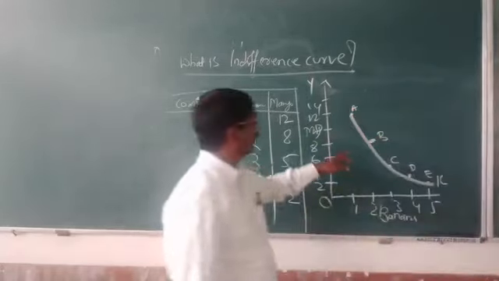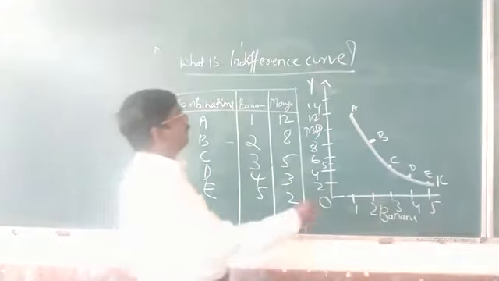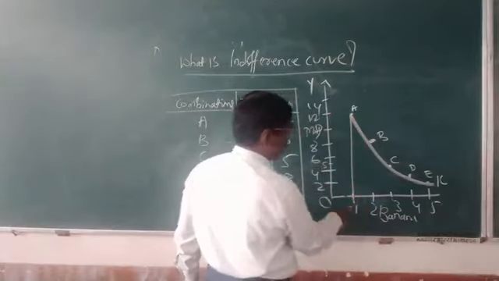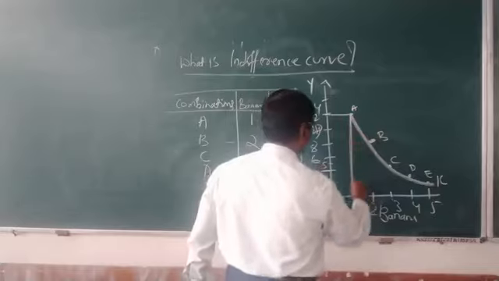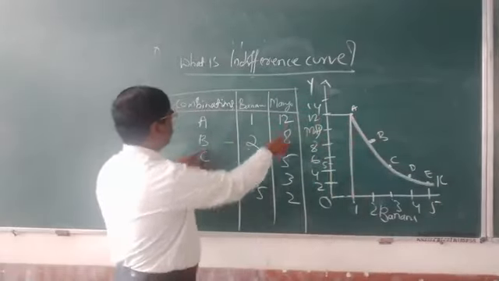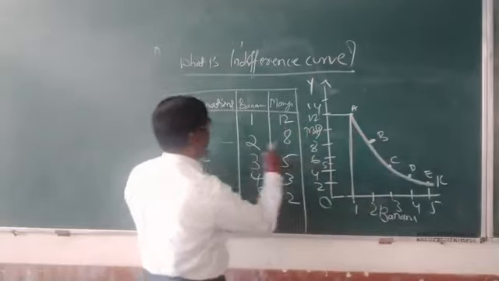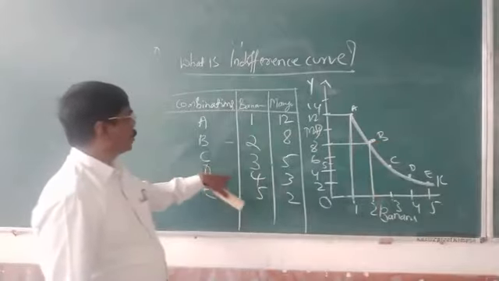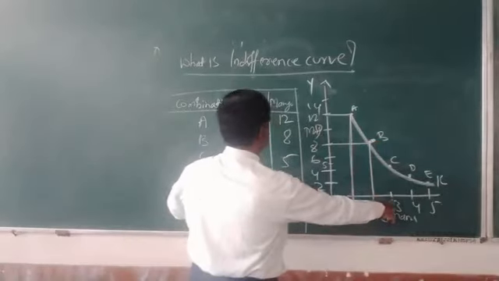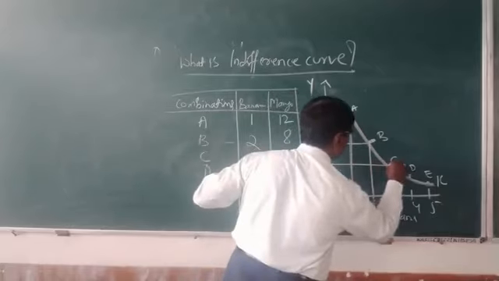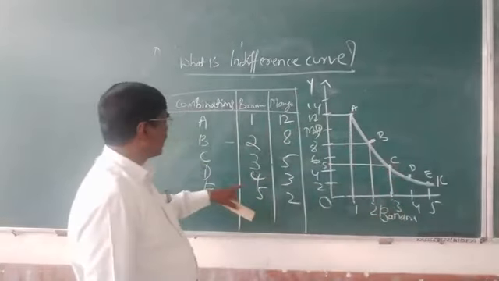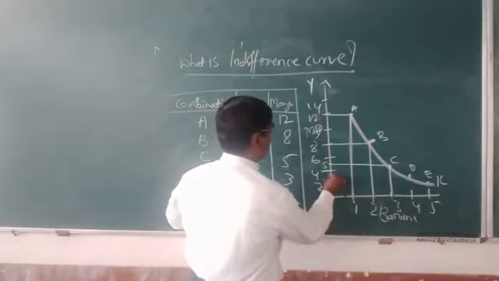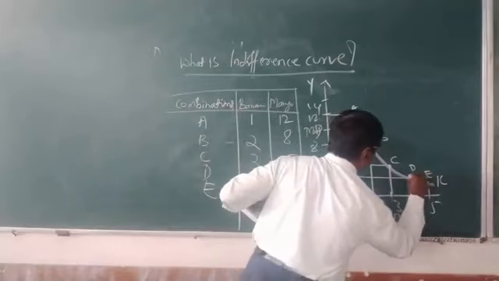So here, A combination: 1 banana and 12 mangoes, and B combination: 2 bananas and 8 mangoes, and C combination: 3 bananas and 5 mangoes, and D combination: 4 bananas and 3 mangoes.